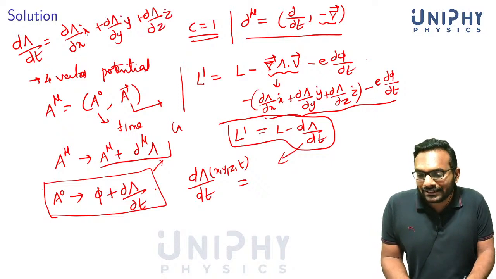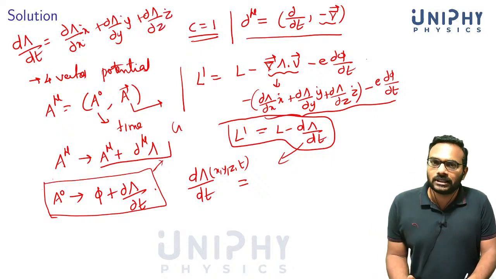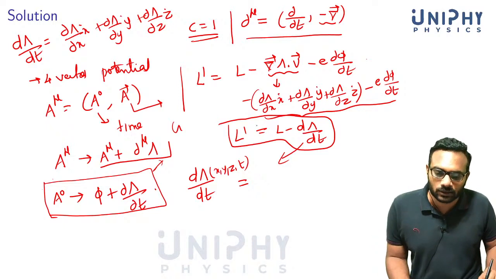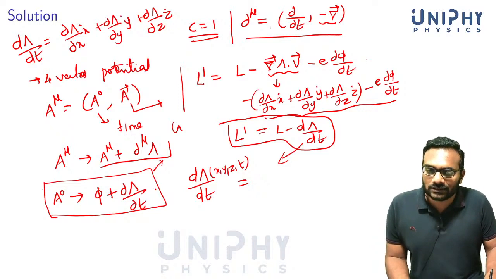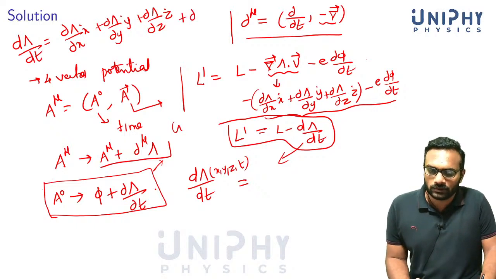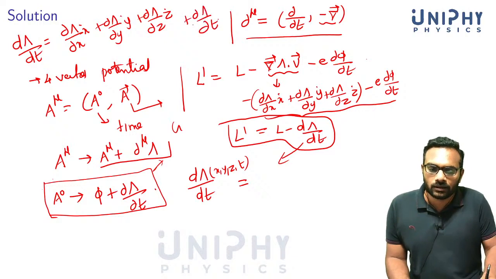All right. So, this takes care of the implicit dependence on time, because x, y and z all depend on time, and there is an extra term which takes care of the explicit dependence on time. So, that would be ∂λ/∂t. All right. That is exactly what we have got here.